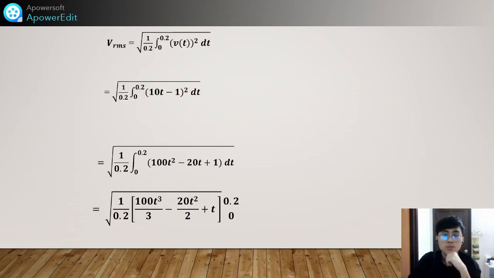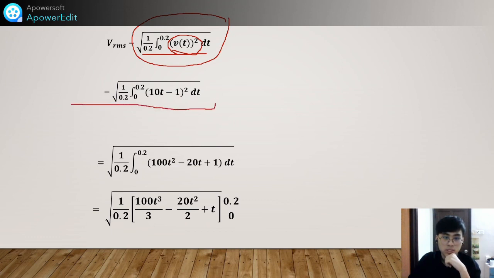Now we square the function first, then we find the mean value of the squared function. Lastly, we take the square root of everything. So eventually you will get this equation.